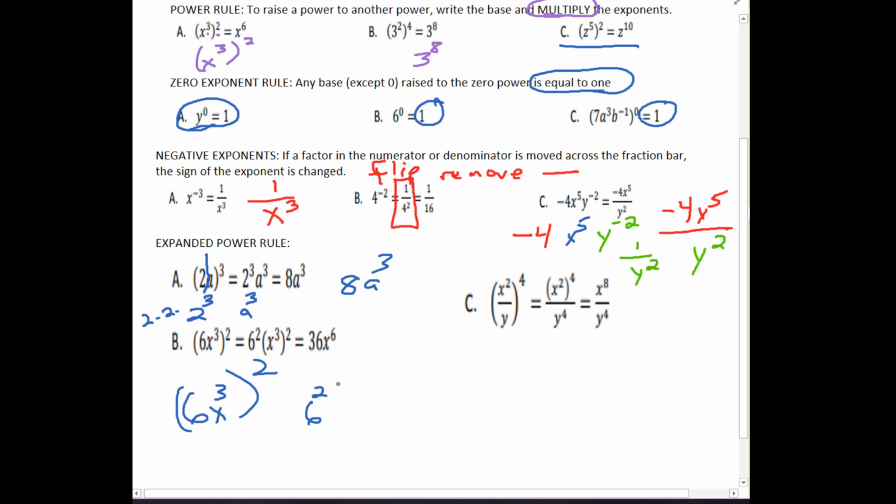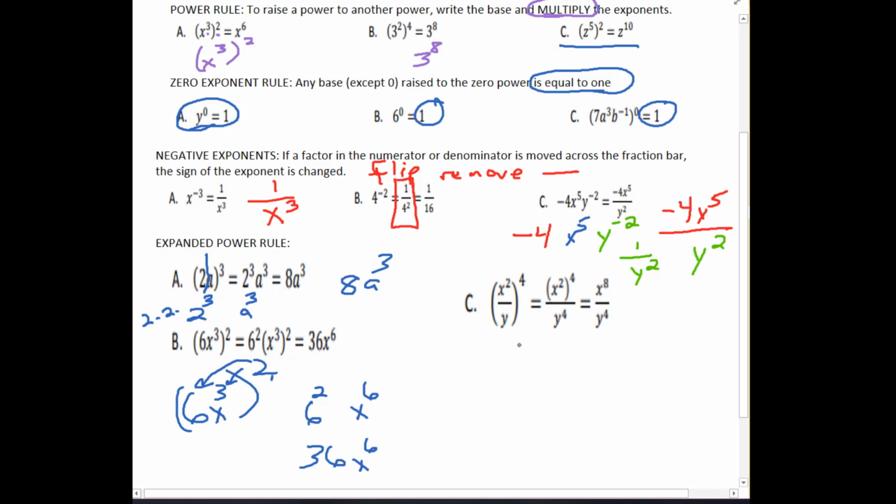When I have power to power, I multiply them, so x to the sixth. 6 squared equals 36. And then I bring down my x to the sixth, and we're done. That's it. So again, if in trouble, just expand these. Take them apart and do all the math together. That 2 applied to the 6, and it also applied to the x to the third.